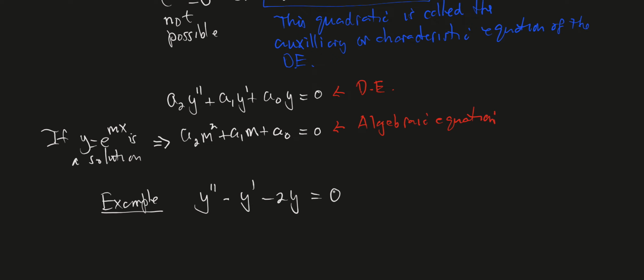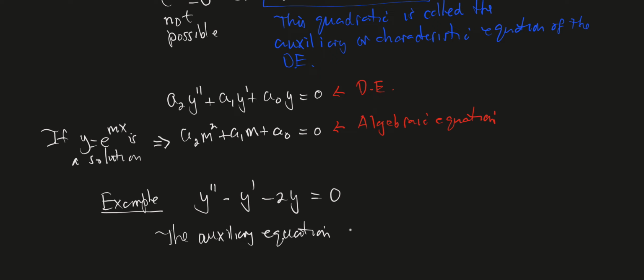Then the auxiliary equation for this. Oh, and I think I see where I misspelled auxiliary up here. It's one L, not two L's. There we go. Got to deal with good grammar and spelling.